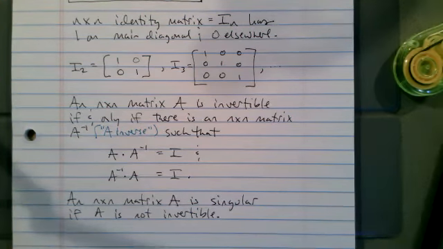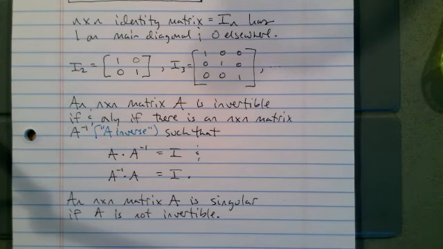That means the columns of A span Rn. That means the columns of A are linearly independent. That means AX equals B has a unique solution for all B in Rn, and so on. There's a whole list of things. The transformation X to AX, if A is invertible, is 1-to-1 and onto. So there's a lot of extra stuff that goes along with it.